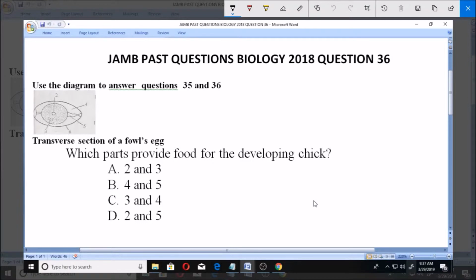You understand? Whereas the yolk, which is 3, this number 3 is the yolk. So for us to be able to answer this, we need to analyze this and really know what they are.